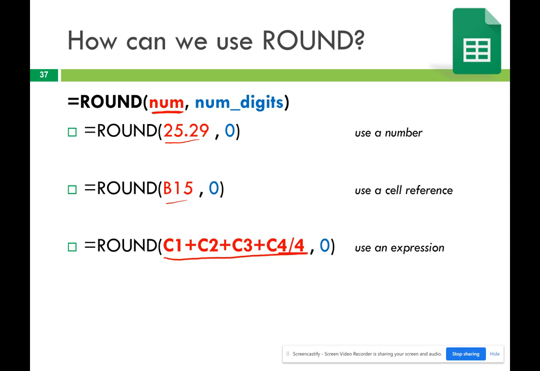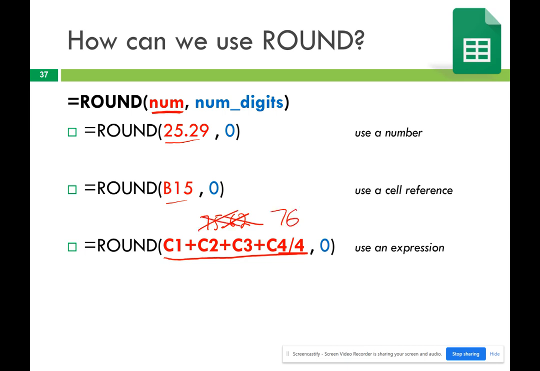Add C1 plus C2 plus C3 plus C4 divided by 4. Take the average of those numbers. It would get a result. I'm making a number up here. Let's assume the result of that was 75.62. Well, take that 75.62, take the result of that formula, and now round that off to the whole number. Oh, and that would actually round to 76.